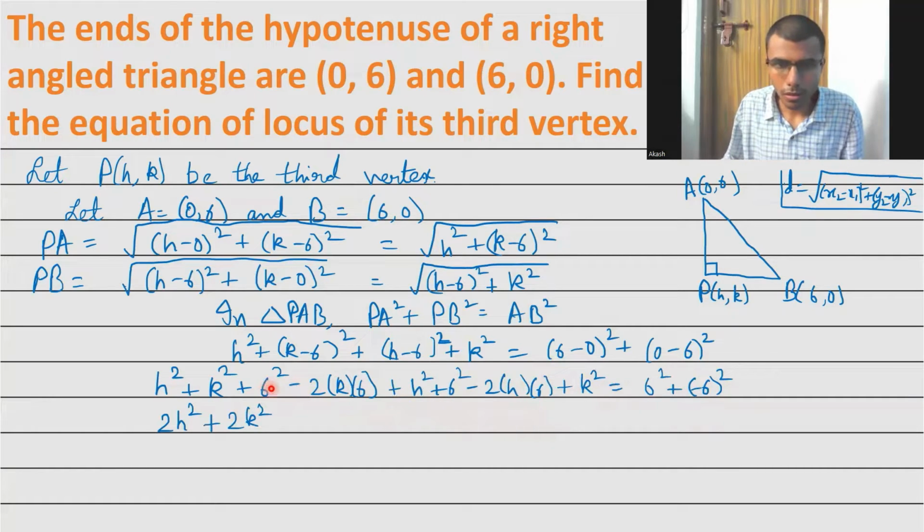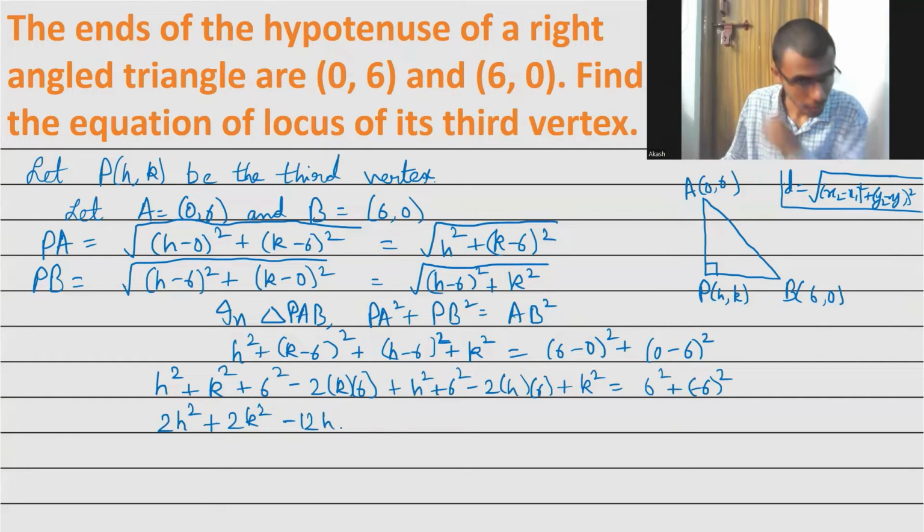So constants are gone, and minus 2 into k into 6 is minus 12k. But before that, I want to write h first: minus 12h minus 12k is equal to 0.